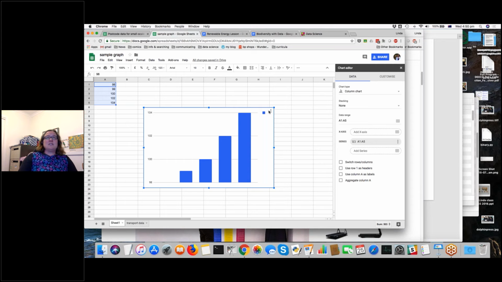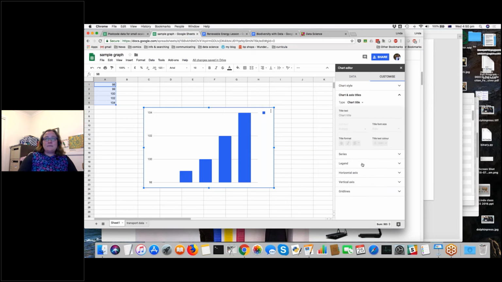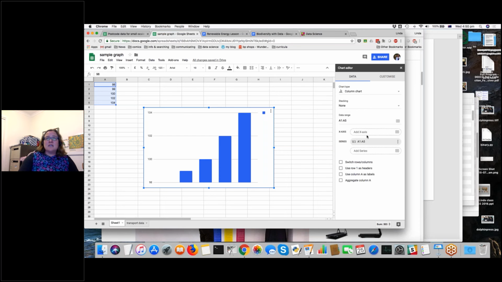Whereas if you were to represent this data in a valid way, you would set, I don't remember where it is, it's not easy to find either, you would set your y-axis to start at 0.